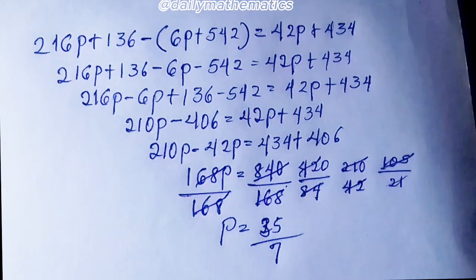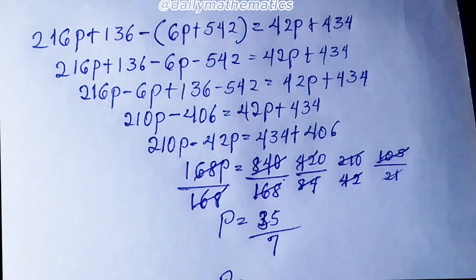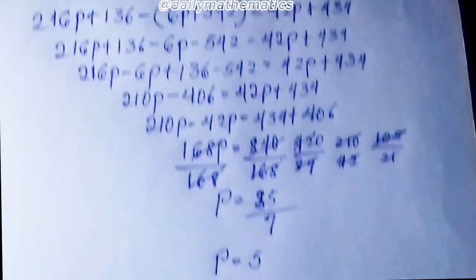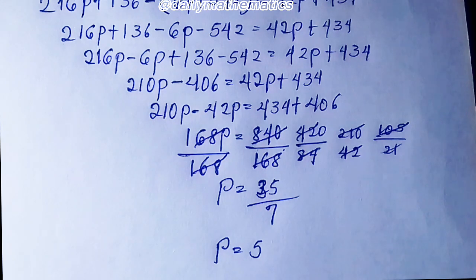So 35 divided by 7 is 5. Therefore p equals 5. So therefore p is equal to 5.